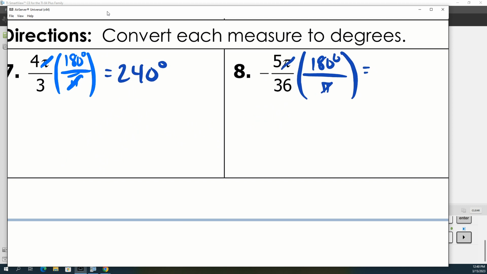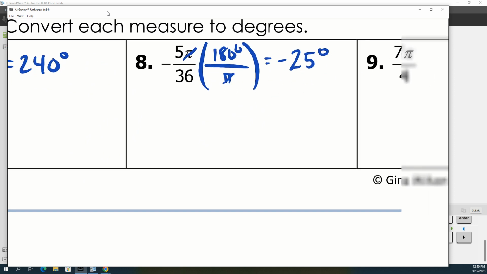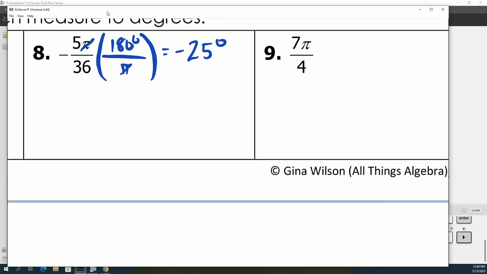Cancel the pi. And then it's negative 5/36 times 180. And it should be negative 25 degrees. All right. So you guys try 9 on your own, please.